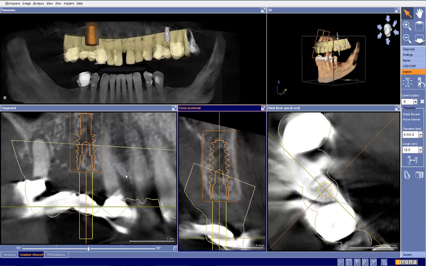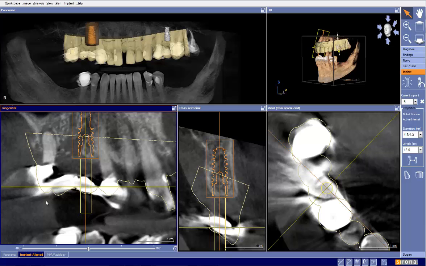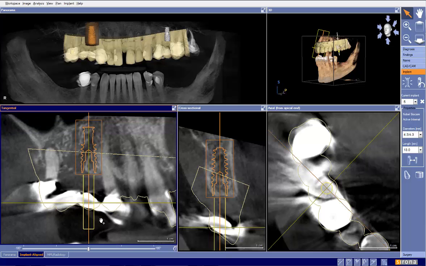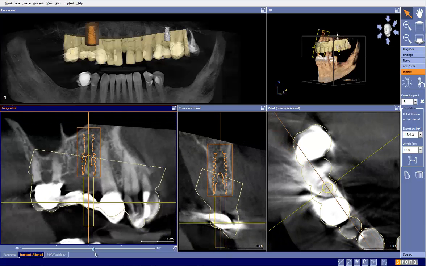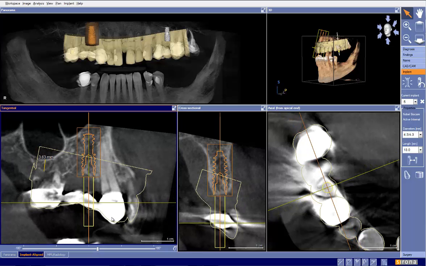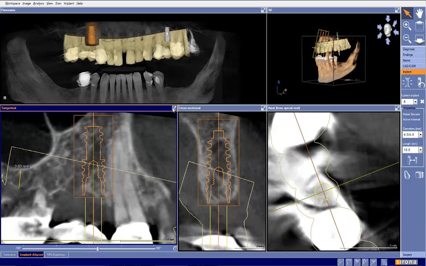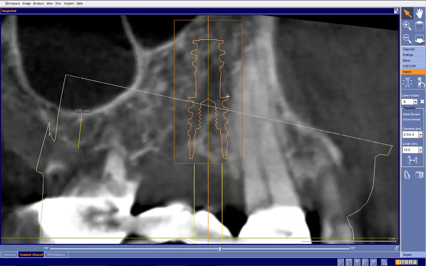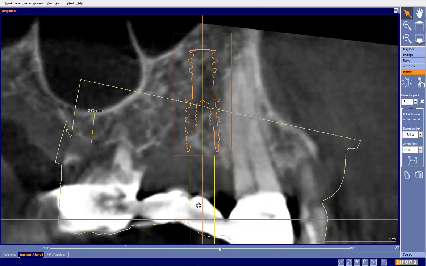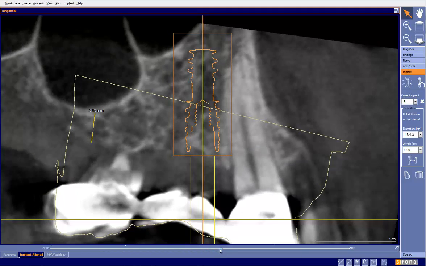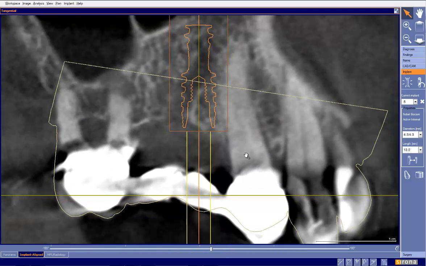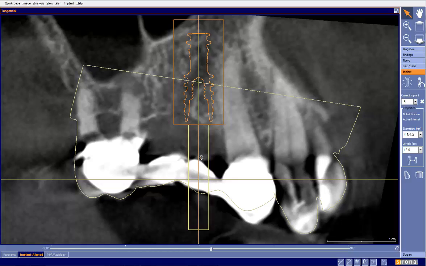The bigger issue I see with this particular case is in the 360 view. Again, our occlusal plane, everything looks fantastic here. When we go to a 360 view, we start seeing this adjacent tooth number 6 pretty well, and we can see right here that we are quite a bit close to that tooth. Now, part of the problem is we're trying to keep this in line with the arch form for the overpartial here, but we can see there's been some root movement of this tooth number 6, so that's taken up the space.